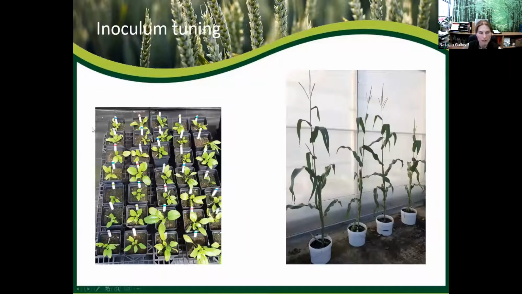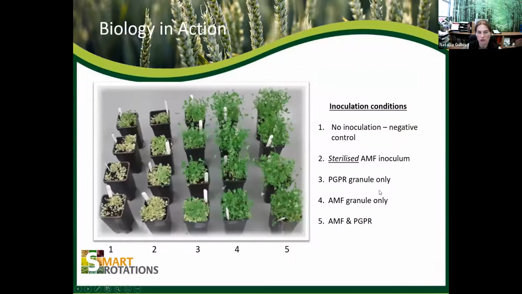Here you can see how we test various different crops with the inoculum. And I couldn't resist inserting this picture, showing that the effects people see are actually from microbes, not from any additives.